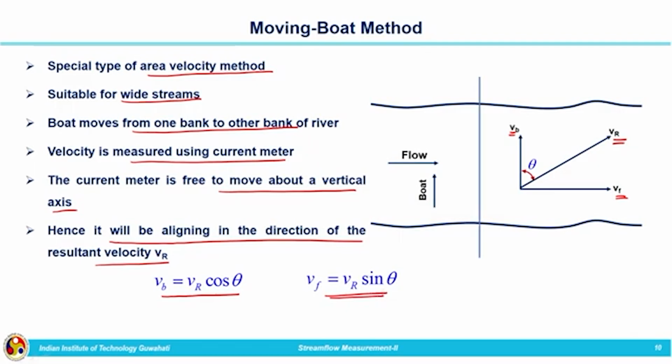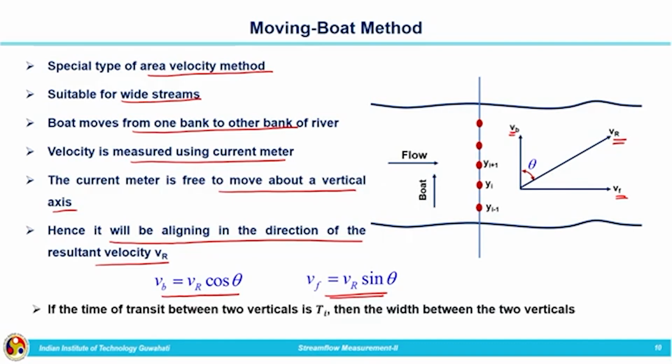And whenever we are measuring the velocity, along with that we will be measuring the stage also because we need the stage in order to compute the cross sectional area of the river. So the stage measurements are done at different locations, and corresponding to that velocity is also measured. The stage at different sections will be marked yi minus 1, yi, and we will be measuring that. Now if the time of transit between two verticals is Ti, then the width between these two sections can be calculated by Wi is equal to Vb Ti.